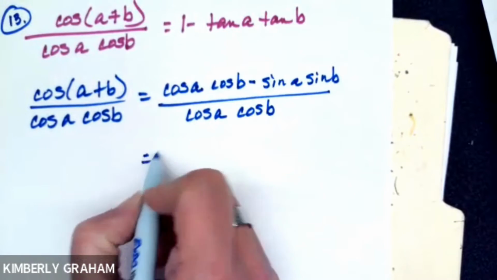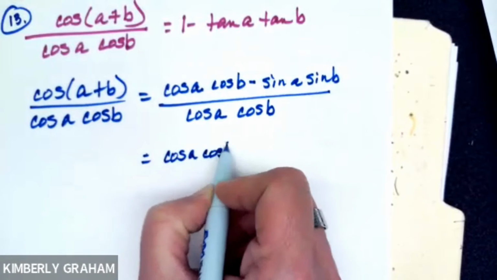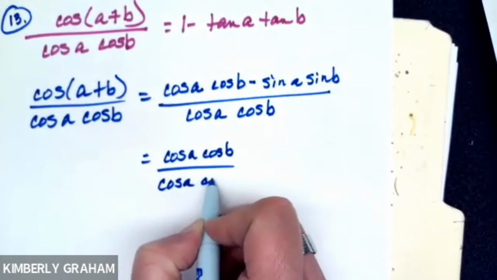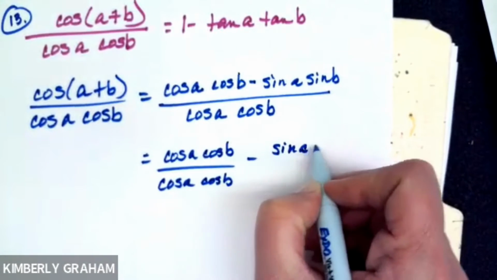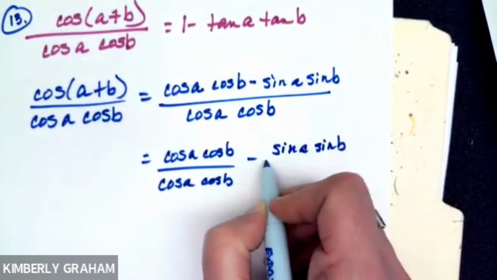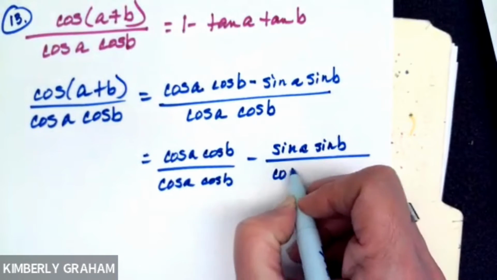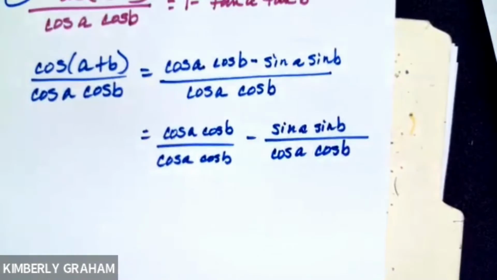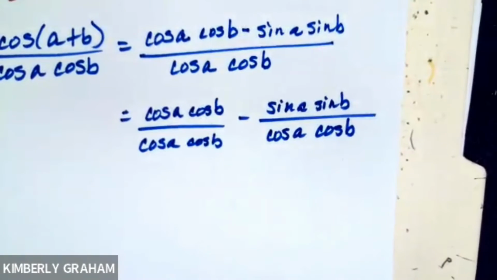So I can write this as cosine A, cosine B over cosine A, cosine B, minus sine A, sine B over cosine A, cosine B. I keep going back and forth between alphas and A's and B's. I apologize. I'll try and stick with A and B. All right, so now I've split that fraction up into 2 different fractions.